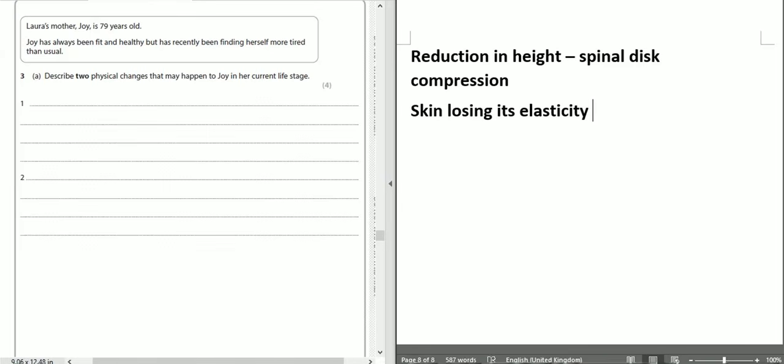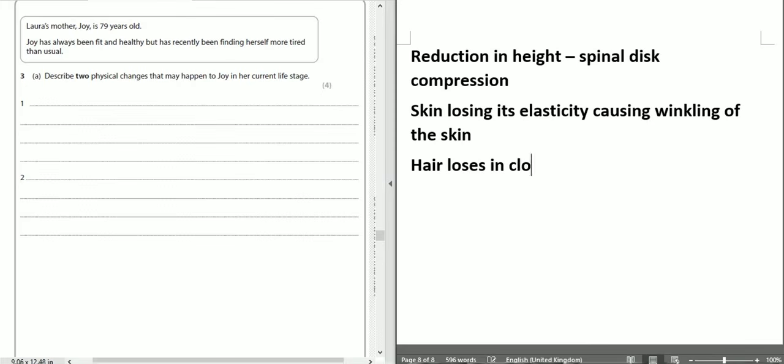So causing wrinkling of the skin. Hair loses its color pigments, causing the hair to grey.